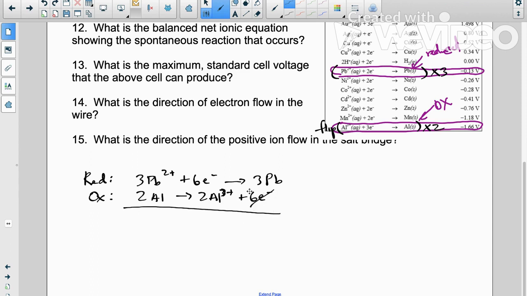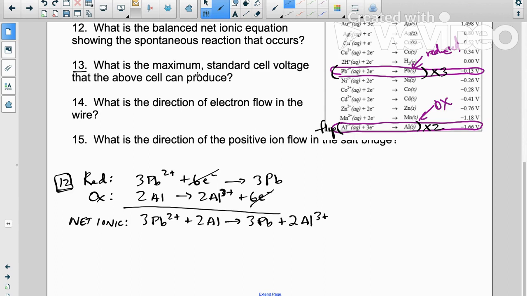And then when we add these, the electrons cancel out. And so our net ionic, this is number 12, is what we get when we add these together. We get 3Pb2+ plus 2Al goes to 3Pb plus 2Al3+. Okay, so there's our net ionic there.